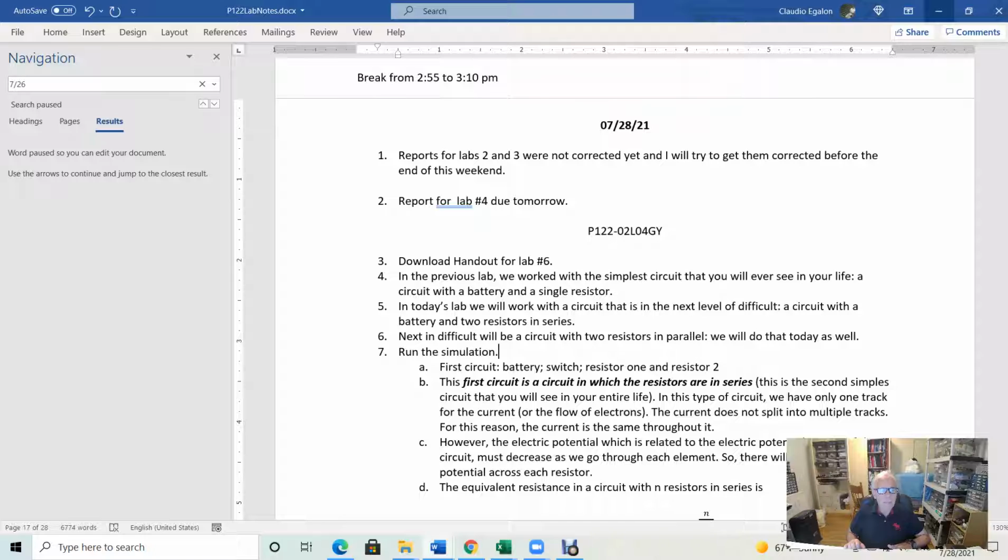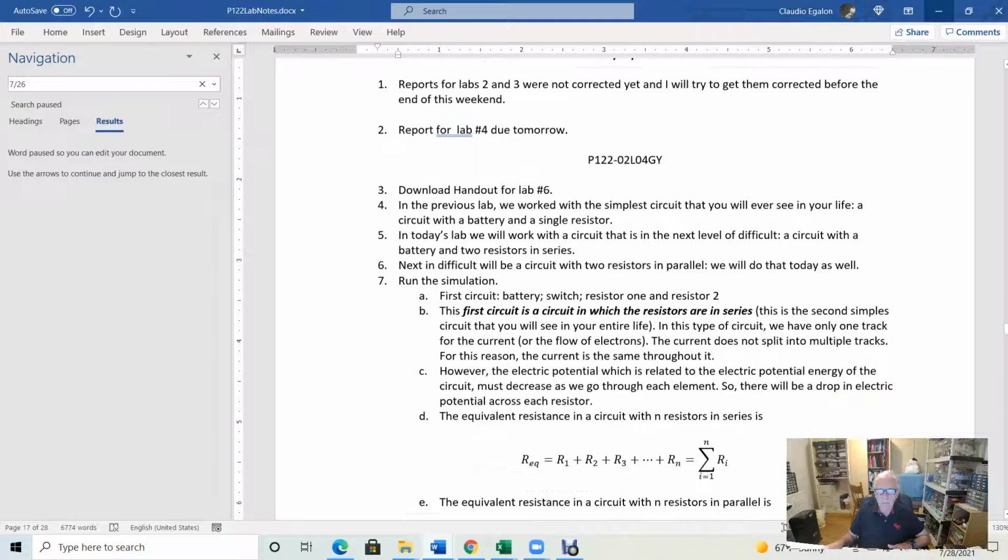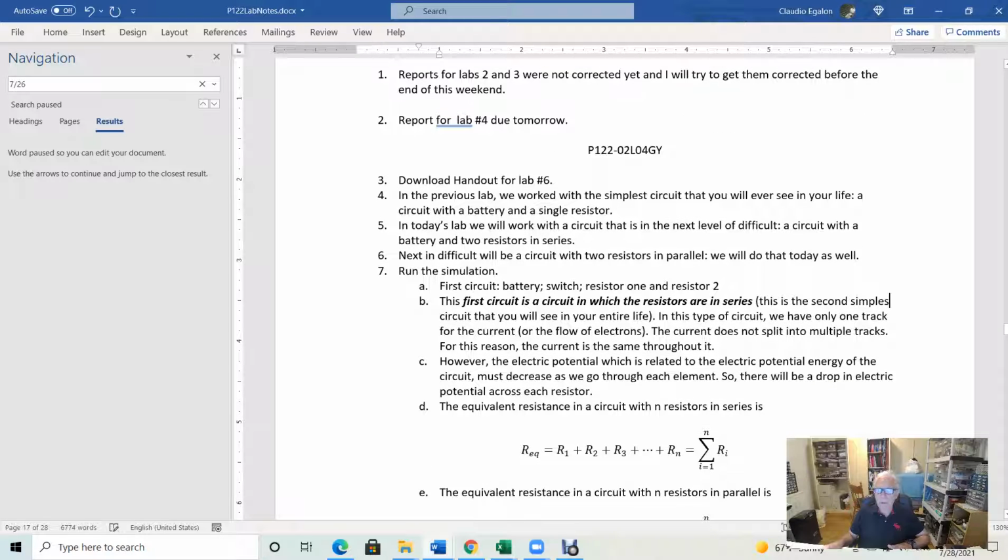So, run the simulation. First circuit: battery, switch, resistor 1 and resistor 2. Resistors are in series. This is the second simplest circuit you will ever see in your entire life. In this type of circuit, we have only one track for the current. The electrons flow along only one track.